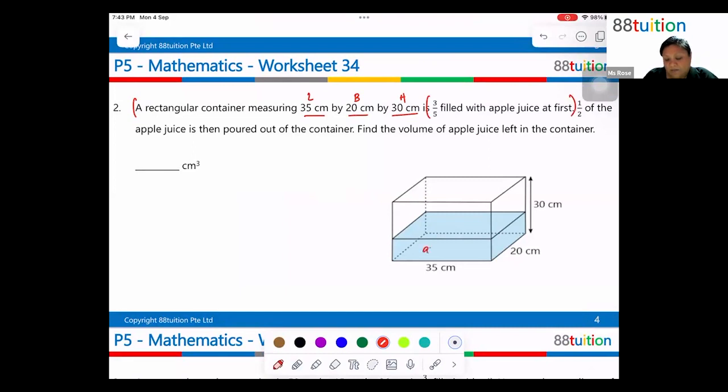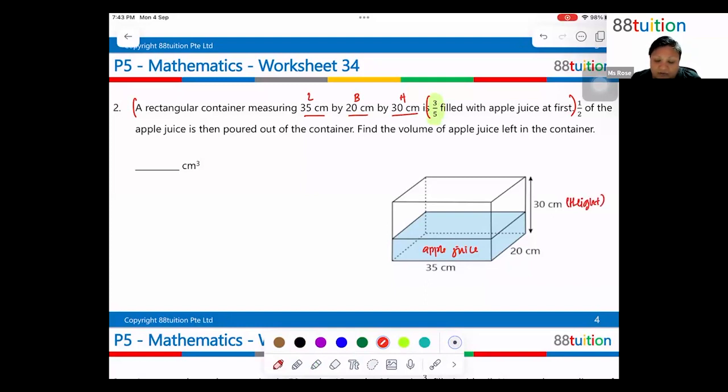So this is your apple juice, 3/5 filled. Now, when they tell you what fraction of the container is filled, and they also give you the height, there are many ways to solve this question.